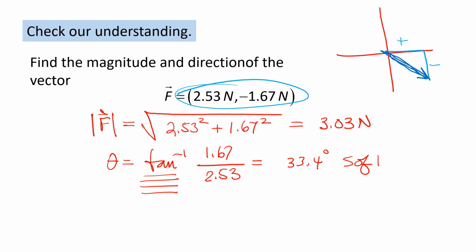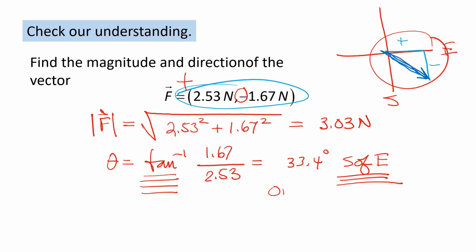It's south of east, and the reason I know this is because I'm looking at the plus and minus signs of my coordinates. Here's south, here's east. I'm south of east, and if I prefer a standard angle, I can do 360 minus that.